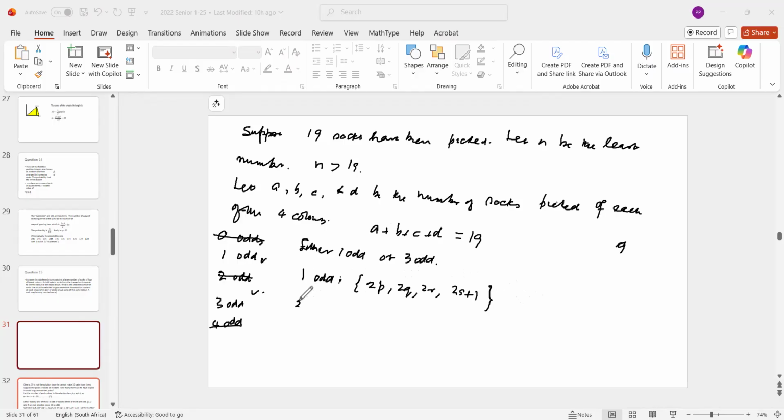If there are three odds, we can just say, make it 2p plus 1, 2q plus 1, 2r plus 1, three odds, and the last one will be even.